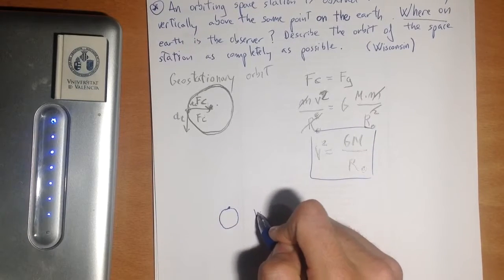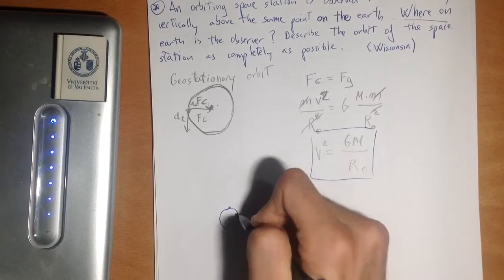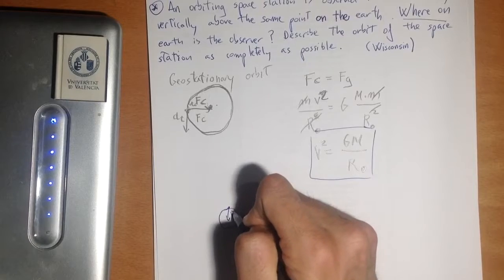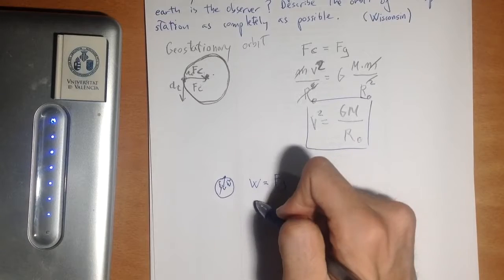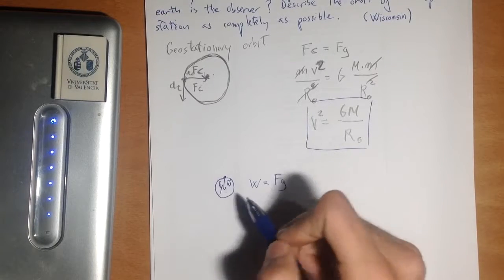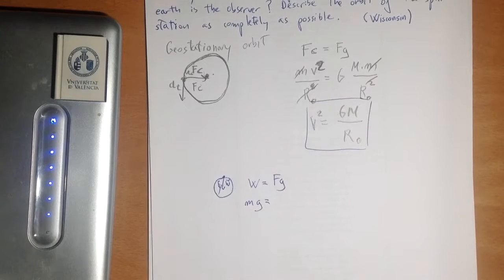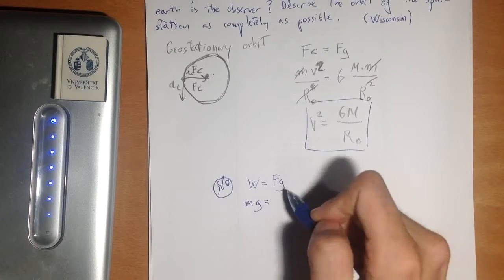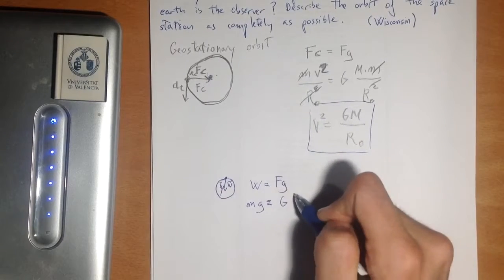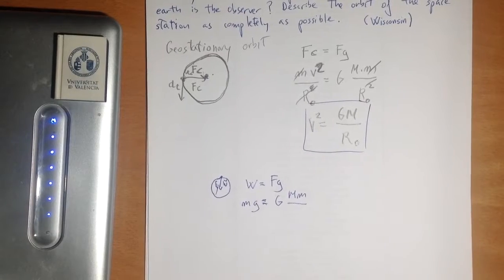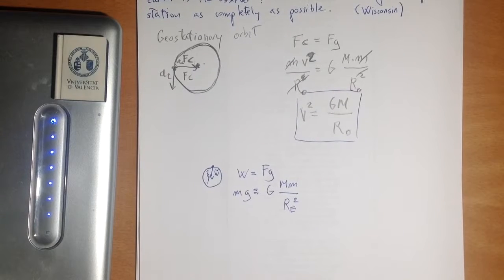Here the weight of the mass equals the gravitational force. That's completely the same. So the mass of the orbiting space station times the constant g equals the gravitational force, with the radius of the Earth in this case.